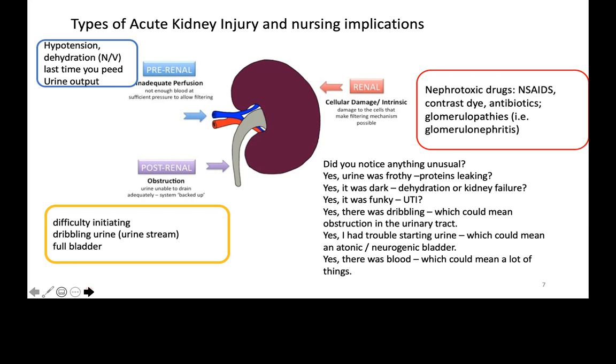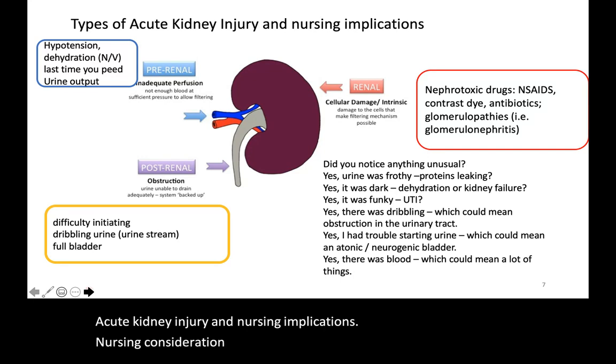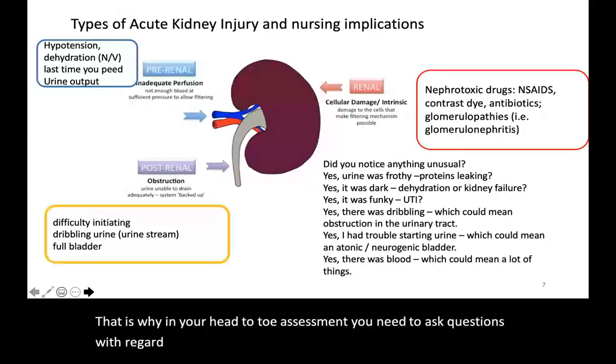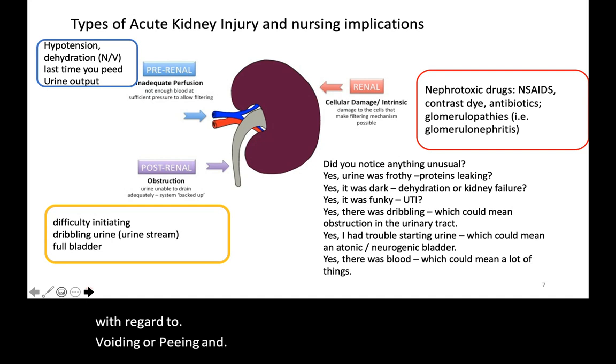Types of acute kidney injury and nursing implications. Nursing consideration in acute kidney injury is early recognition. That is why in your head to toe assessment, you need to ask questions with regard to voiding, or peeing, and characteristics of the urine.